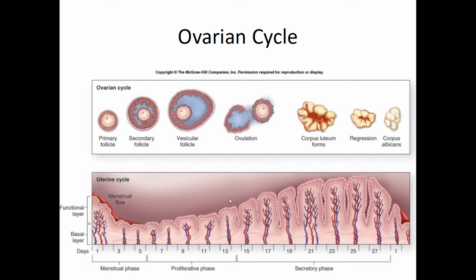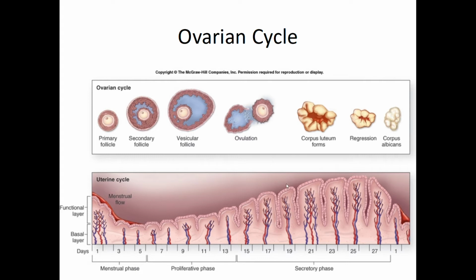The proliferation continues until about ovulation, at which point it switches over to the secretory phase. In the secretory phase, the lining has built up and is starting to secrete the things it would potentially need to maintain an implanted embryo.